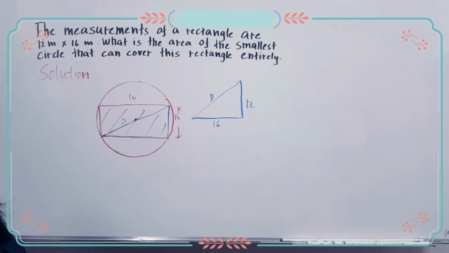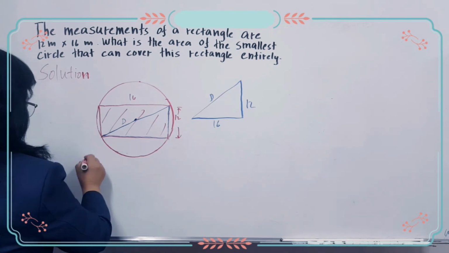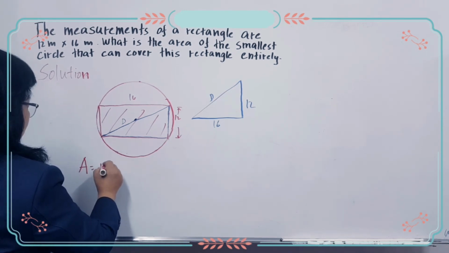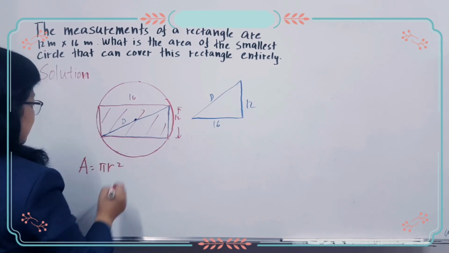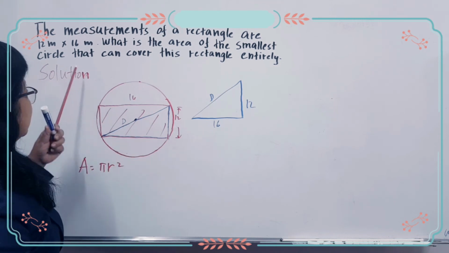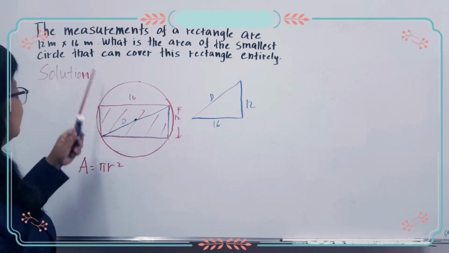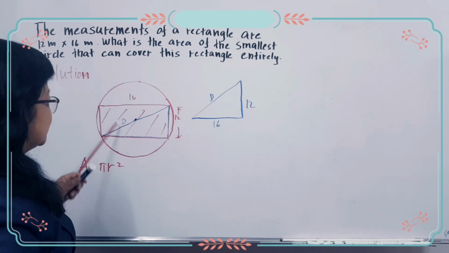Now, of course, the formula for the area of the circle is equal to pi r squared. Now, r is not given, but there is a measurement of the length and the width of the rectangle, which is 16 by 12.